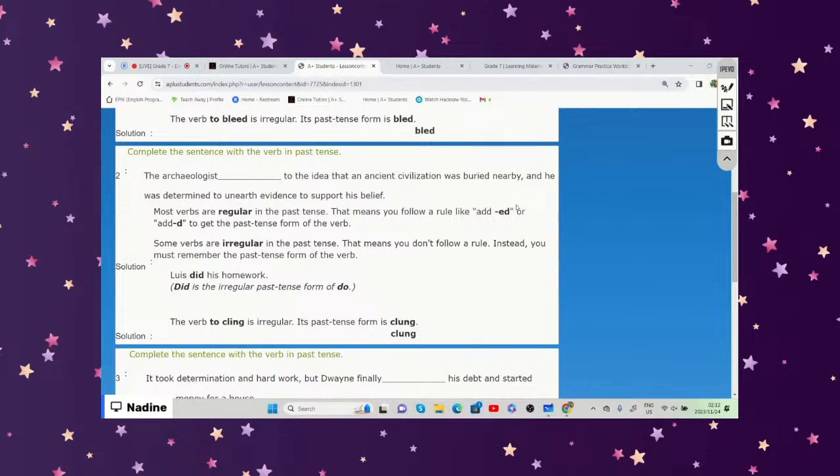So the archaeologist is clinging to the idea, which means we can say the archaeologist clung to the idea. Because if you are clinging, it's like holding on to an idea. Clinging is to hold on, so we can say he clung to the idea.